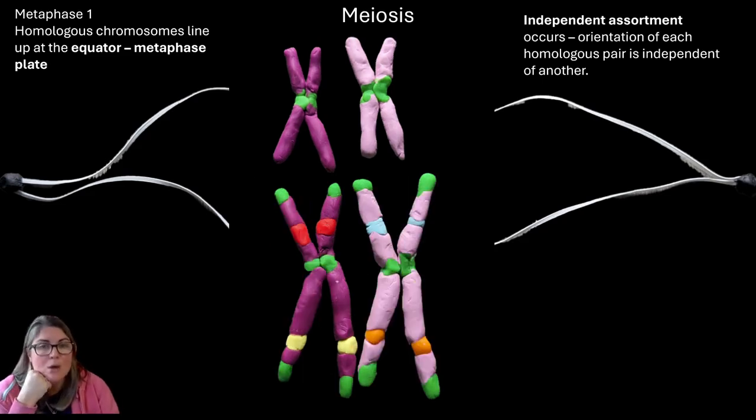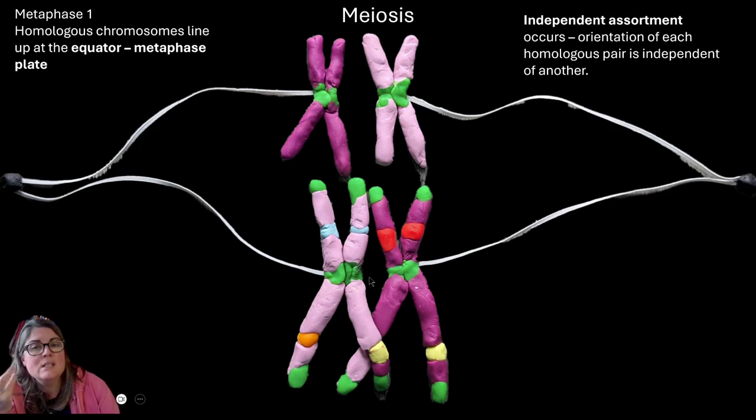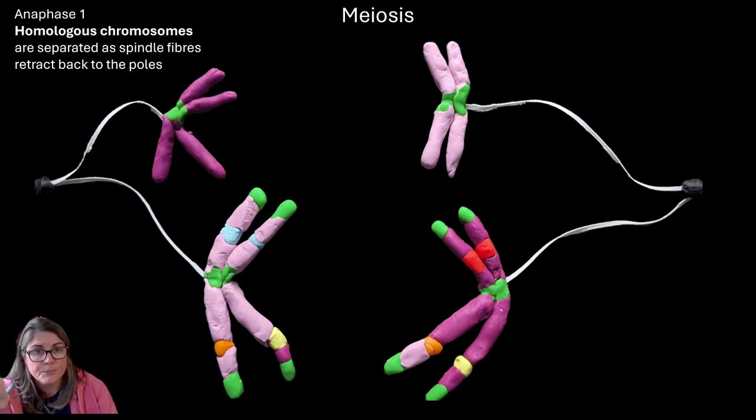Did it orientate that way, or did it orientate the two purples together and two pinks together, or did it orientate in which we now have crossing over? So the independent assortment that occurs, we're talking about this orientation of each homologous pair and the fact that it's independent of another.